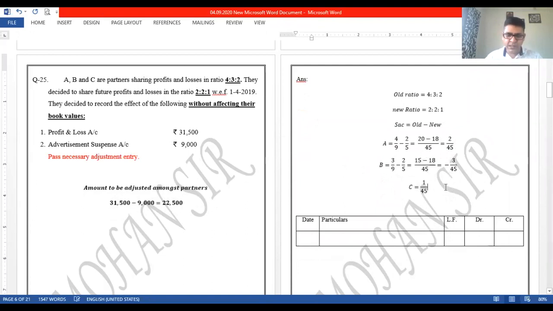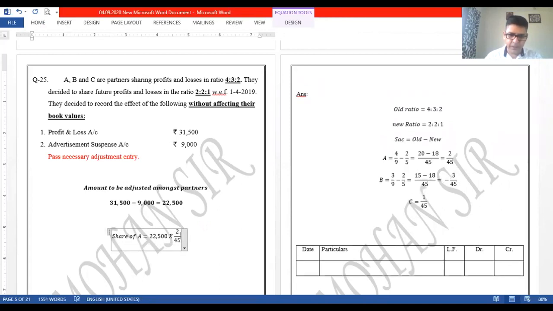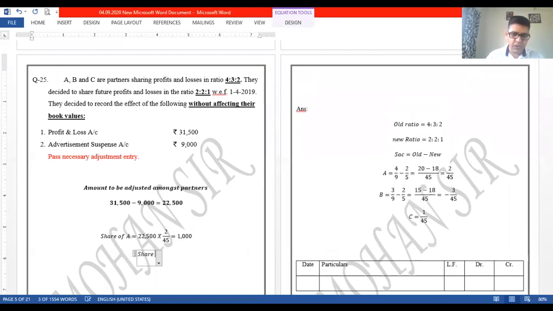Now, let us calculate the share of A. Okay, so that is 22,500 into 2/45. Yes, 45 5s, that will be 1,000. Okay, share of B, sorry, that will be equal to 22,500 into 3/45.